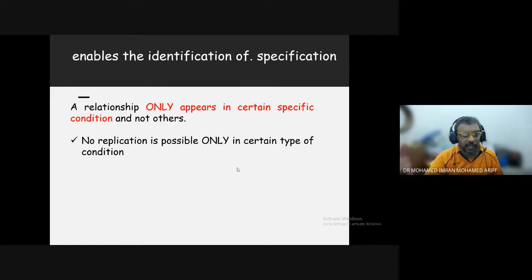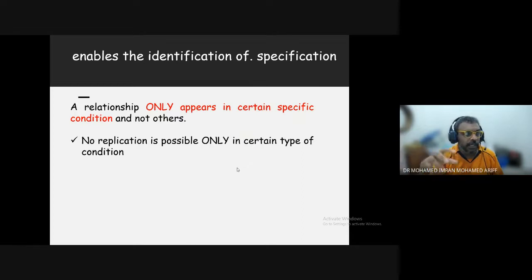Or specification. The relationship only appears in certain specific conditions. It only happens if, or where. Replication is possible only in certain types of conditions. You cannot replicate the same study in a different country, but if the same condition happens, then you can apply it.